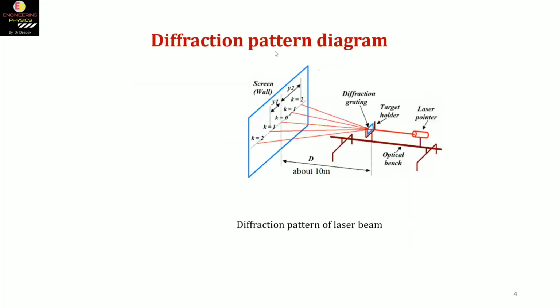How is the diffraction pattern observed on the screen? We have a laser source. Laser light falls normally on the grating element. After the grating element, we can observe the diffraction pattern on the screen. This is the zero order of the diffraction pattern, or we can say the central maxima.